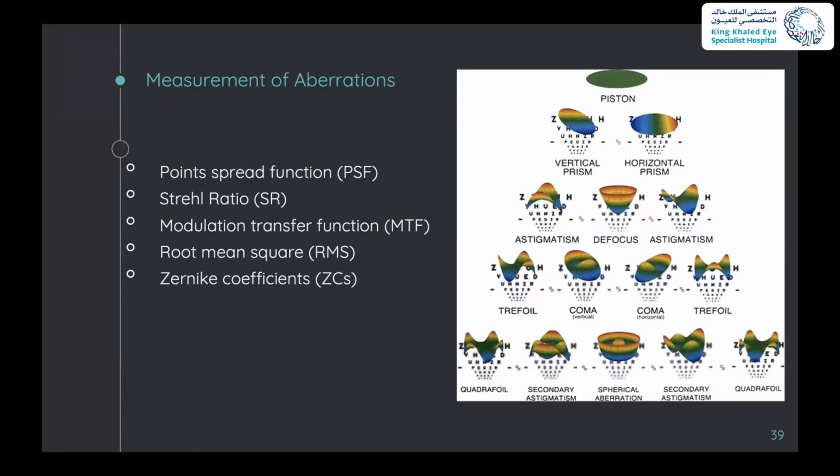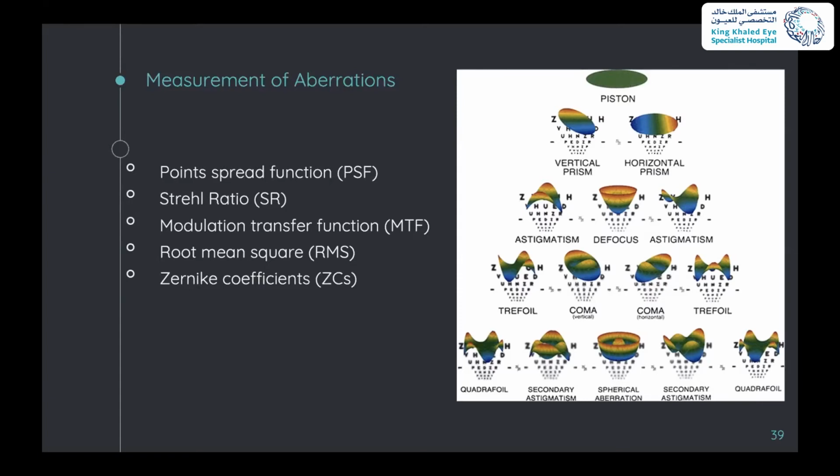And if you feel it's a bit complicated, you can have a look at the root mean square. The root mean square will give you an idea about the aberration in general. You can choose what kind of aberration you want to look at. For example, if you want to check only the 3 most common aberrations, you can click on them, and then the root mean square function will give you an idea how much this is affecting the patient.